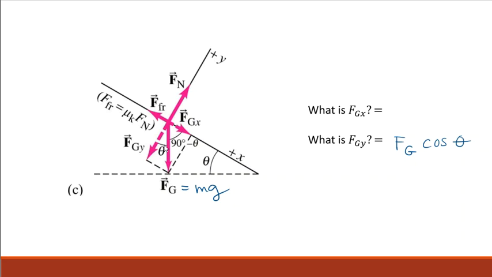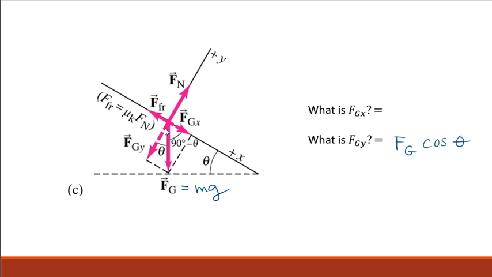Let's find the force of gravity in the x direction and the y direction. This is our original vector. Okay, so this is theta. This is the y-axis, and this is the x-axis. Okay, so what trig function would the y component of the force of gravity be?